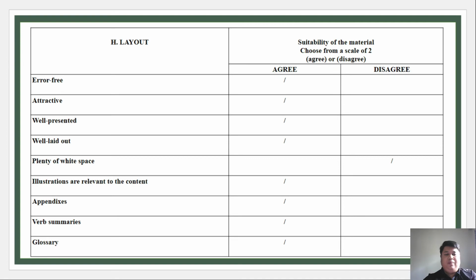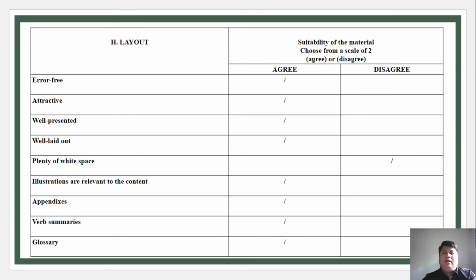We move to plenty of white space. Okay, we have to disagree as the textbook is very compact with pictures, compact with educational text, and also full of interesting fun facts. So it is hard to find empty white space on a single page. And then the illustrations are very relevant to the content.